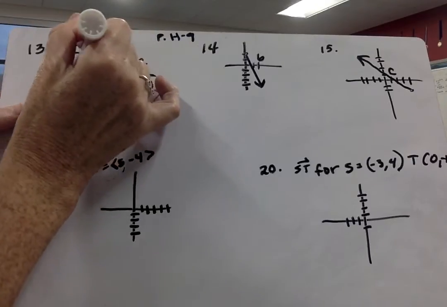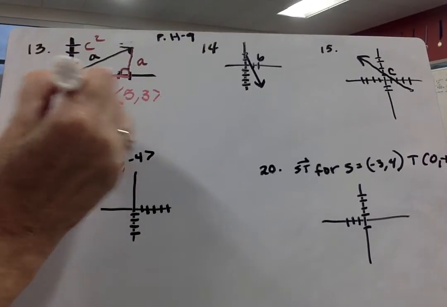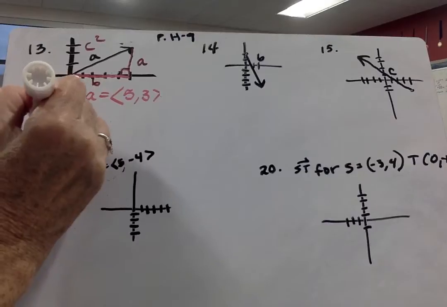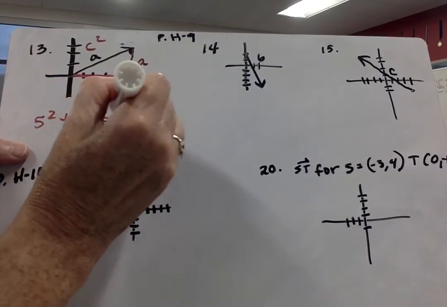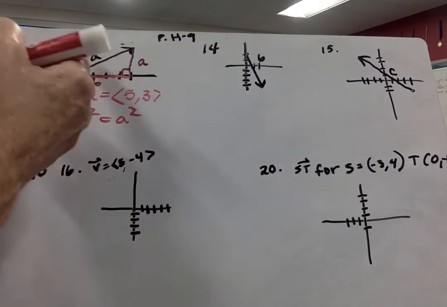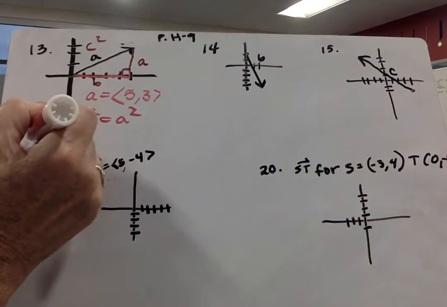So in this case, c is equal to a. So I go 5, because this is 5 squared, plus 3 squared equals a squared. So A is going to be your C, okay?